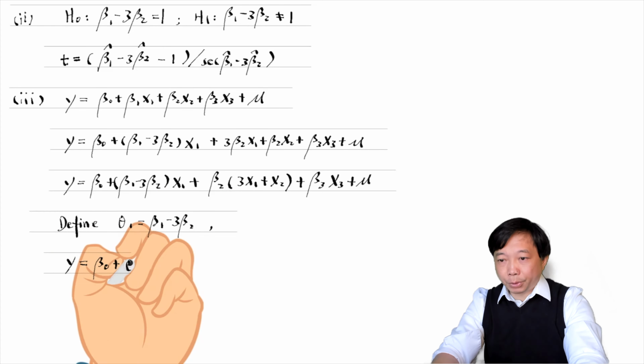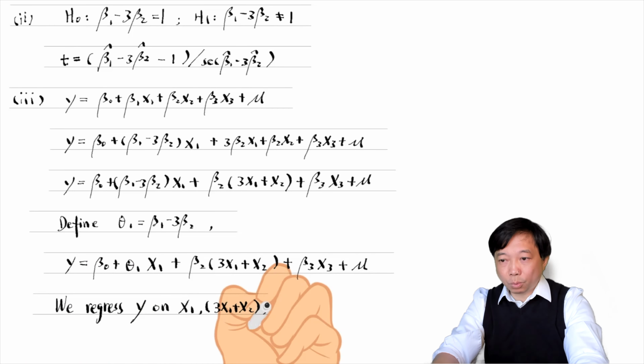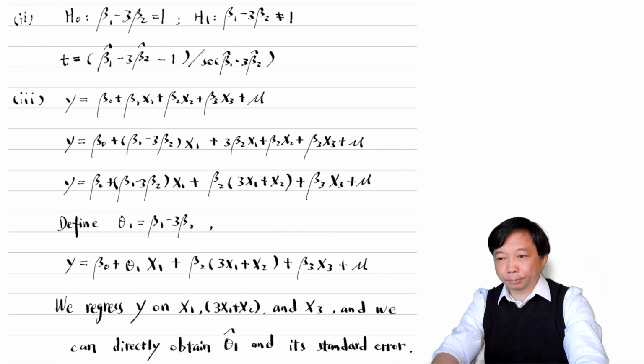Then we can regress y on x1, 3 times x1 plus x2, and x3. We can directly obtain the estimate of theta 1 and its standard error.